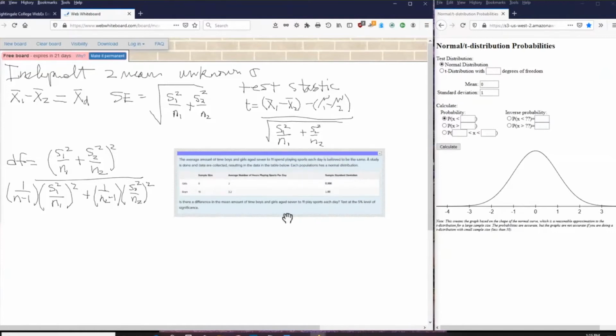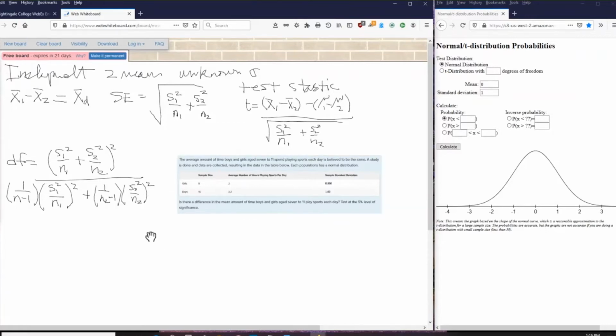We have a study that wanted to measure the average amount of time boys and girls aged 7 to 11 spend playing sports each day, which is believed to be the same. A study is done and data are collected, resulting in the data in the table below. Each population has a normal distribution.